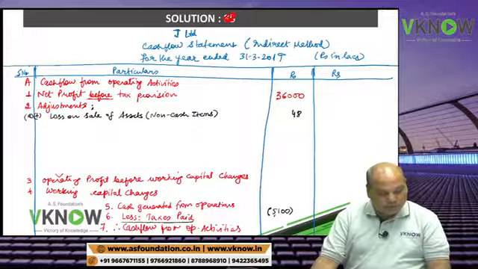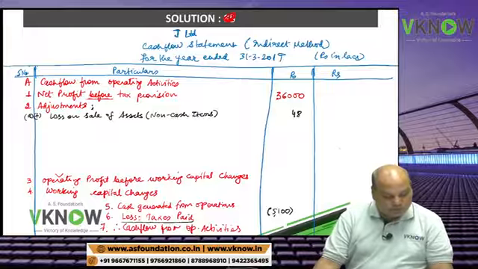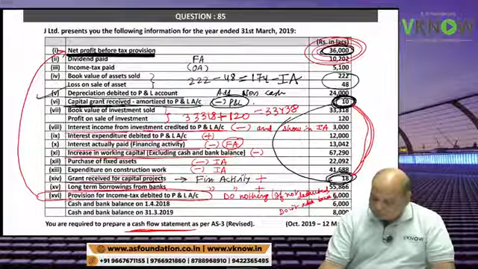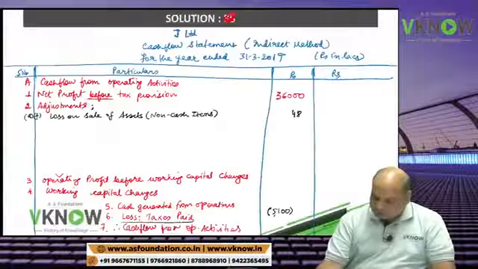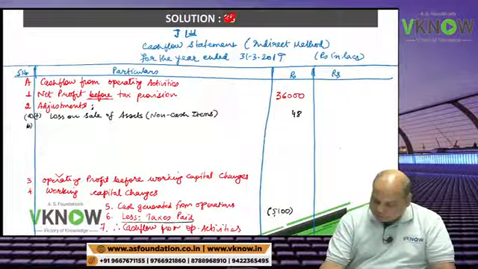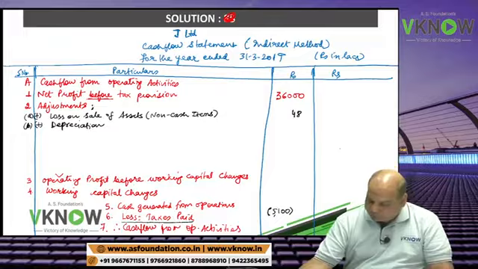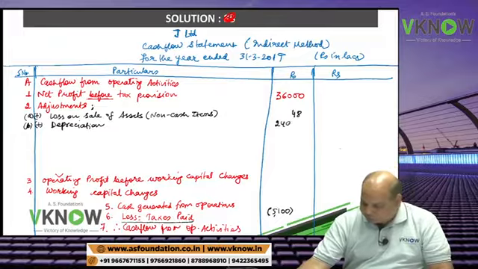Then in the same question, point number 5, depreciation. This depreciation also write here in adjustment number B, add depreciation. Why? Non-cash item, 24,000. Please follow me.